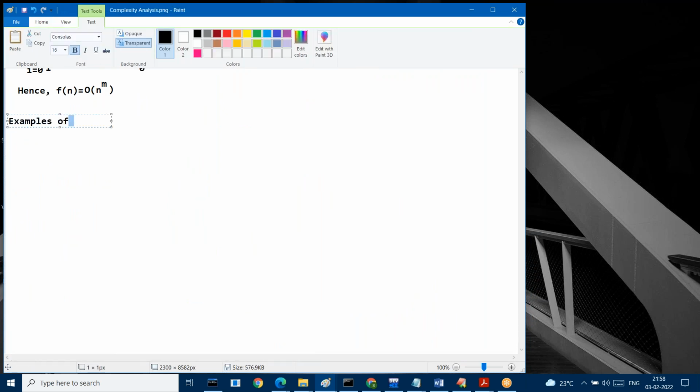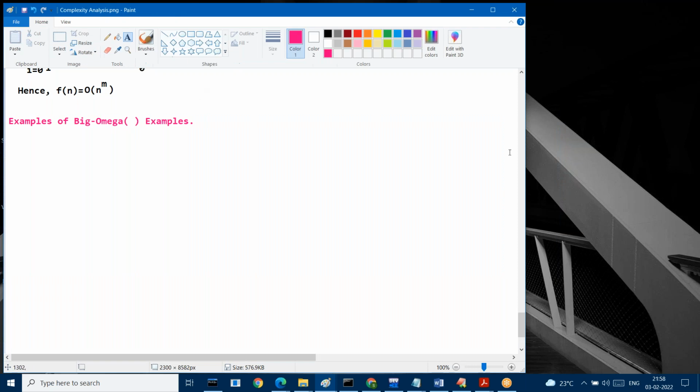Examples of the next one, big omega notation. Because without giving practice of some examples, I cannot directly go to algorithm analysis. A little bit of practice I definitely have to give. That is what I'm doing here.